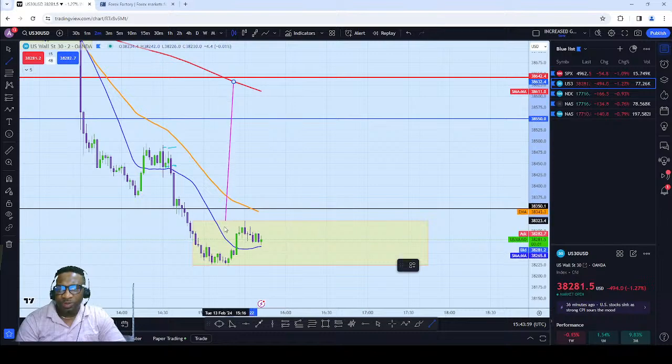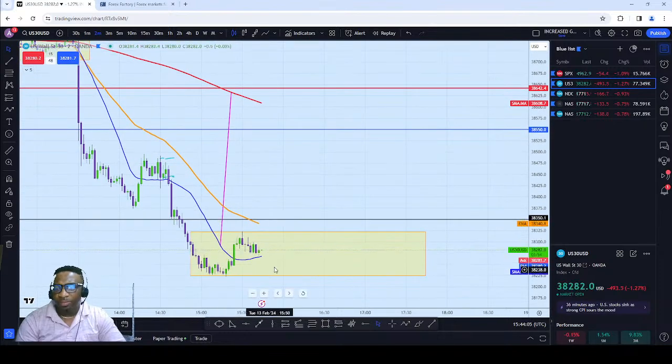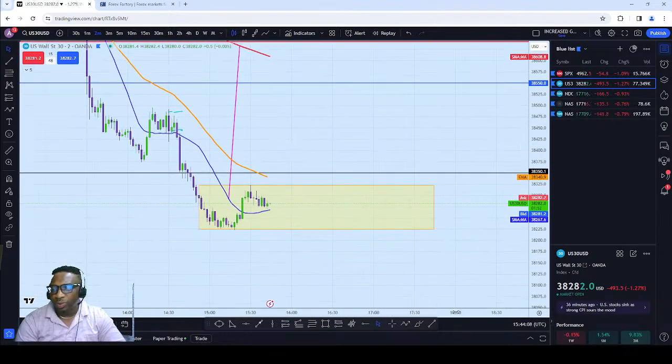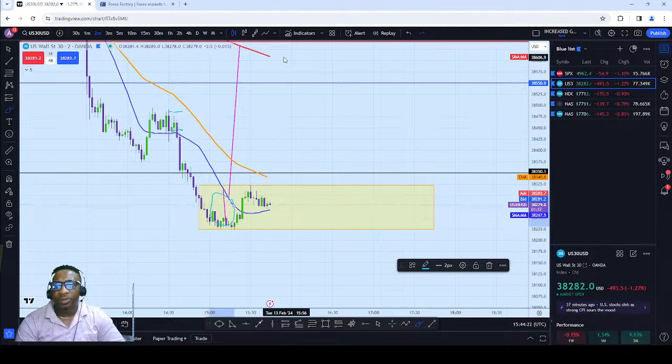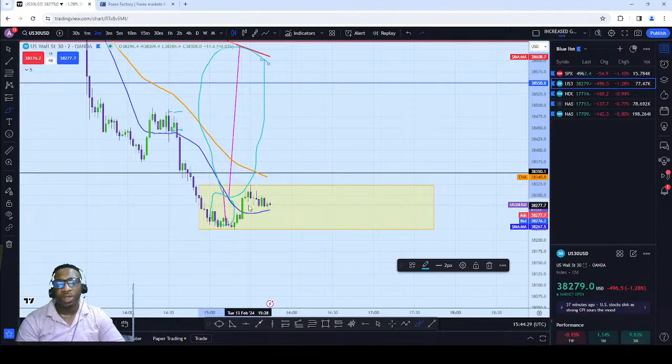There's a wide space between the red moving average, and also the space between the 200 and where price is. There's space here. There's also space here. So as we can see, we have dual space. These are the conditions that we look out for if you want to pick out bottoms.